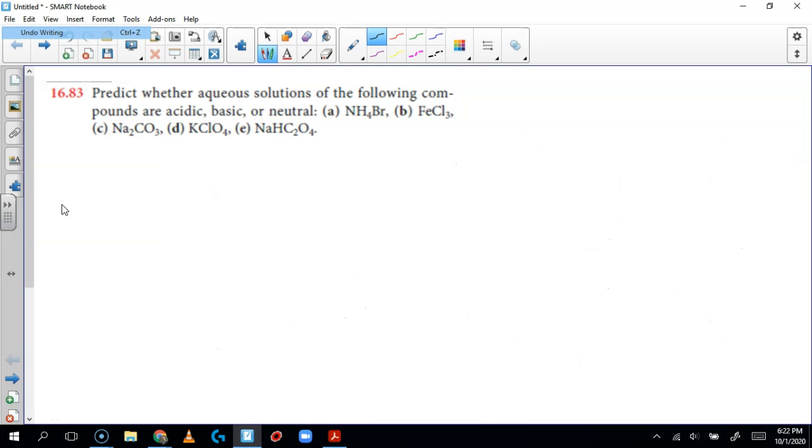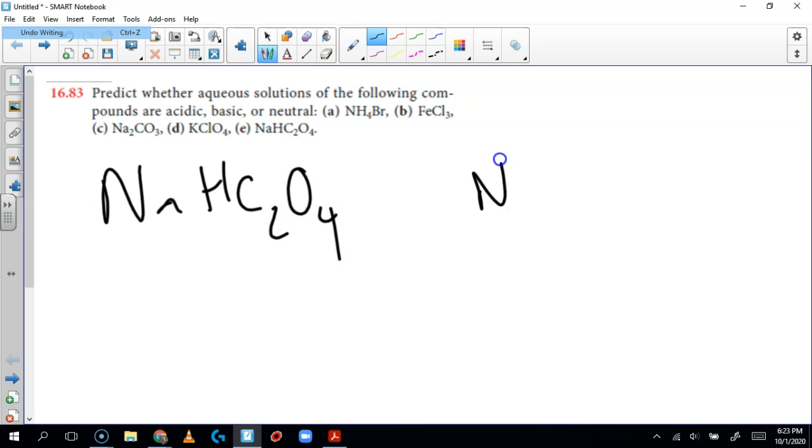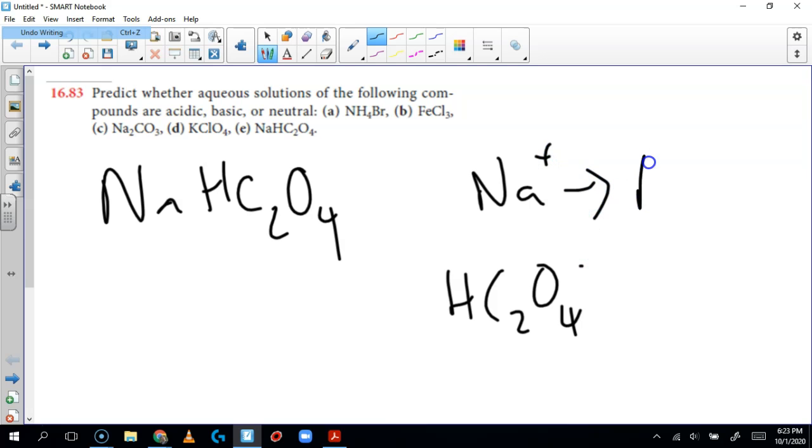And then the last one is sodium hydrogen oxalate, NaHC2O4. So sodium is a plus, and hydrogen oxalate is a minus. Again, sodium is going to form NaOH as its conjugate.